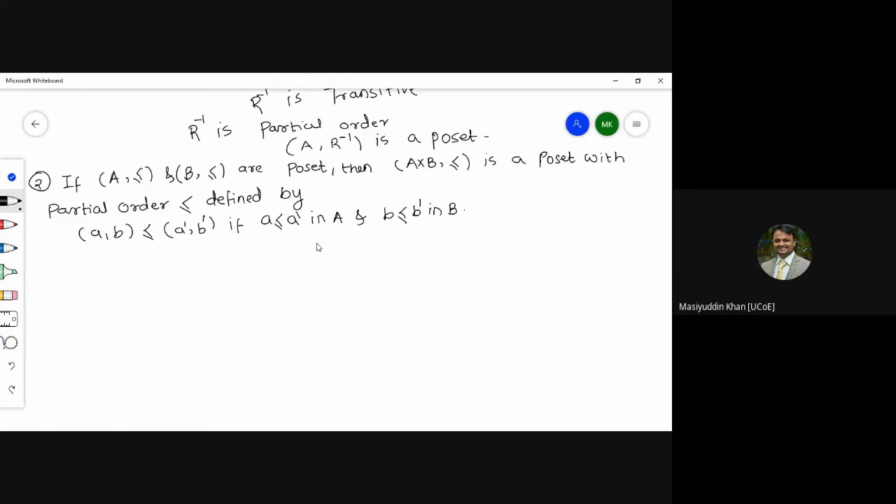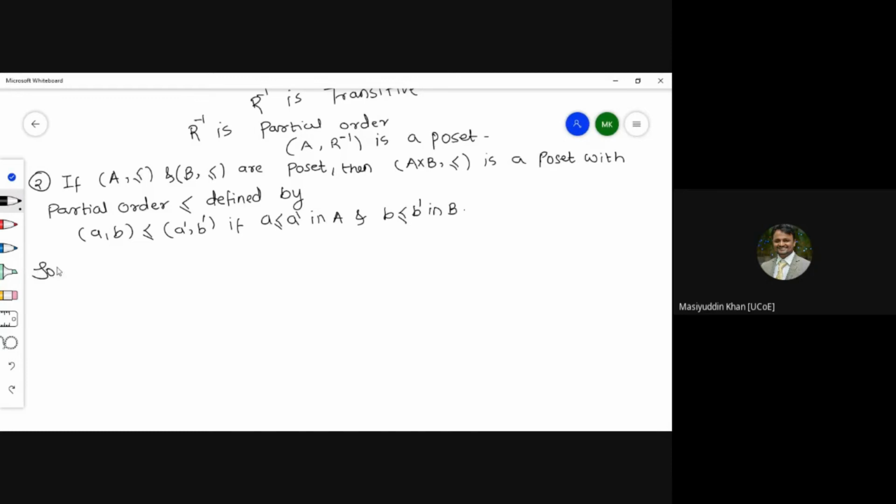So the reflexive pair we can prove very easily because A is less than or equal to A and B is less than or equal to B. So it is very easy to prove or verify. So one by one we have to prove.